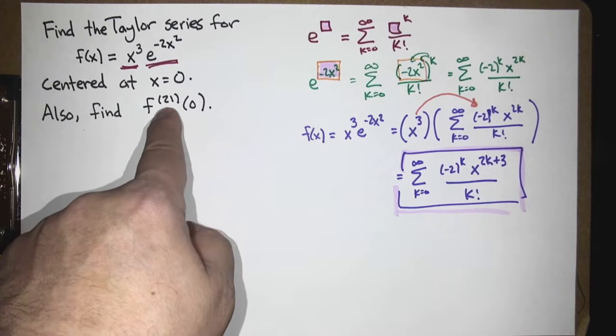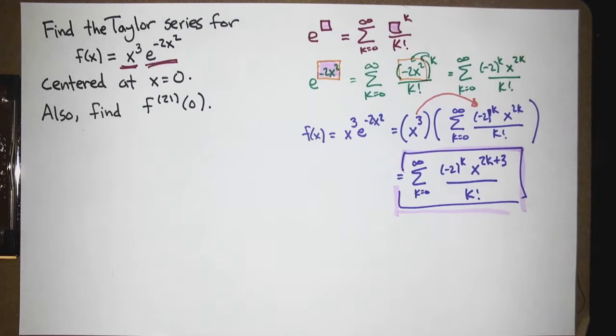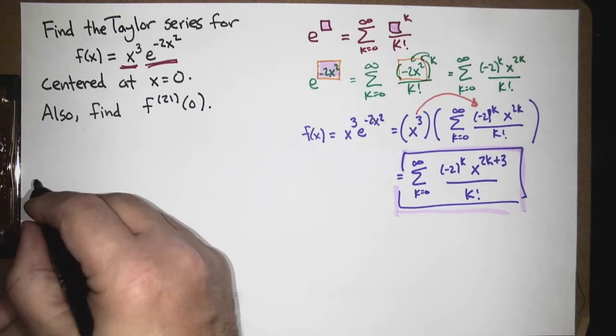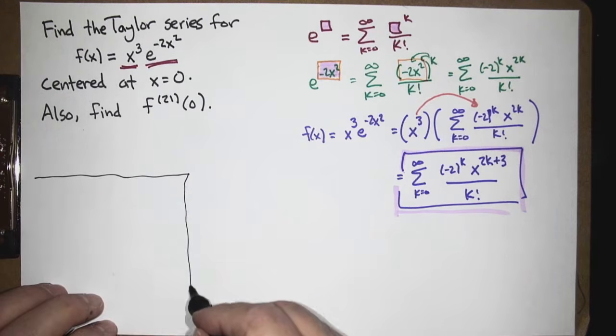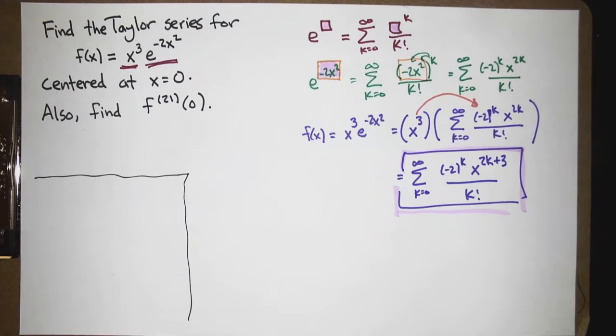Find the 21st derivative at 0. Okay, so before we talk about that, let me just tell you the mindset you should have. If you channel your inner Calc 1 student, we were so innocent back then.